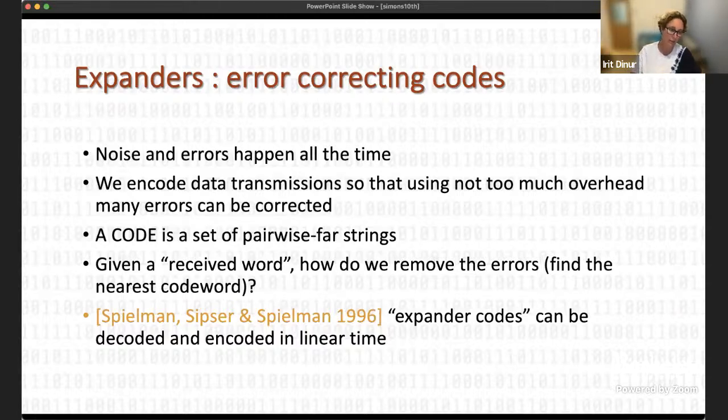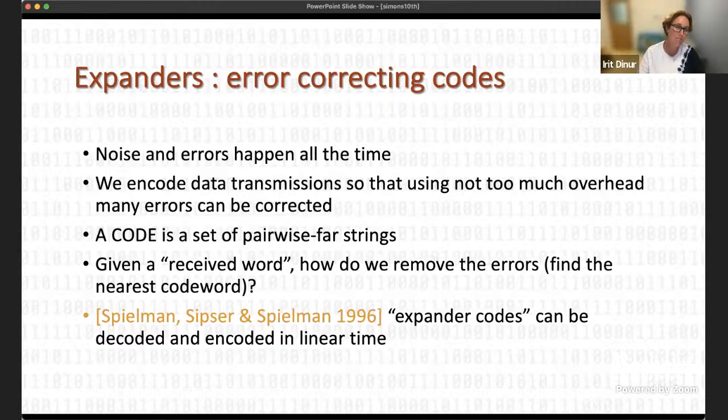Because the constraints are on an expander, you cannot just put a bunch of ones in a small location and everywhere else zero without many constraints being unhappy. Many constraints will see both the ones and the zeros and not be satisfied.